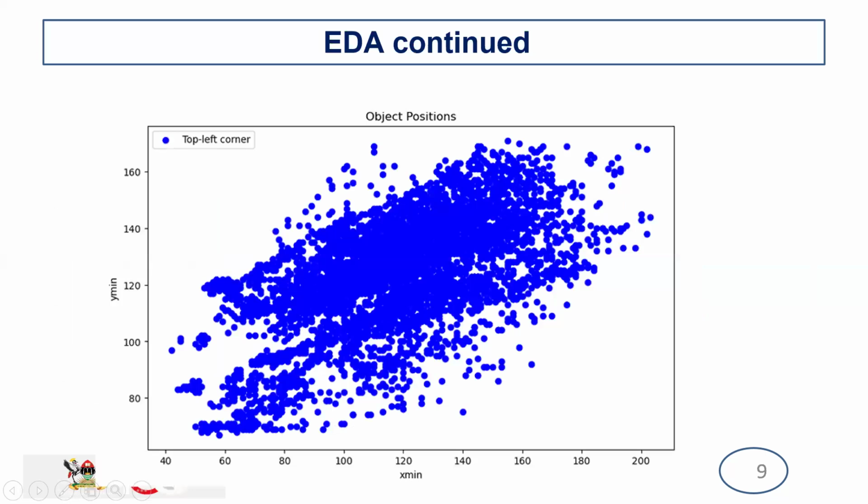I was also interested in knowing where exactly my bounding boxes were placed in the image frames, and I realized that the corners, the top left and the bottom right, had close to 0 bounding boxes captured from there.